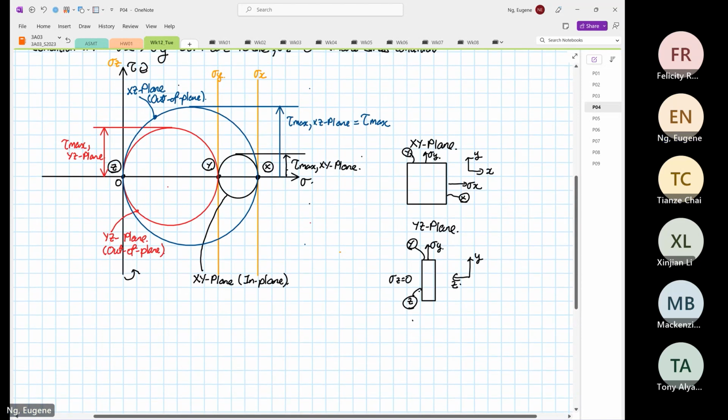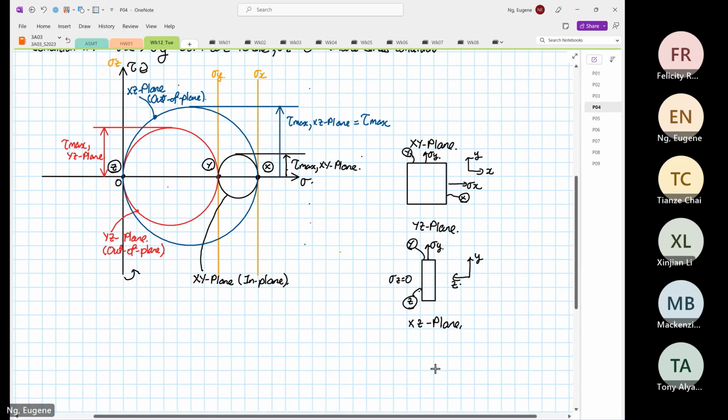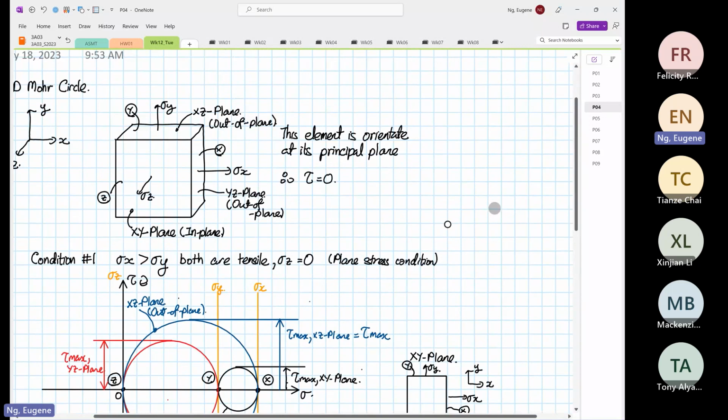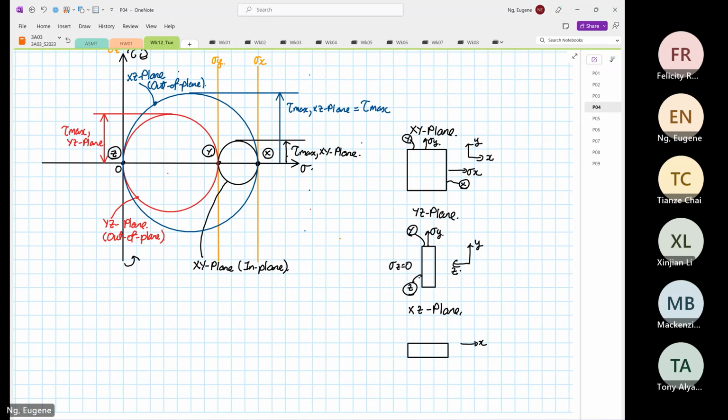And then the last plane that we have is our XZ plane. So on XZ plane, I'm going to draw it this way now. So this is our X, and this is our Z, and we have our stress X, and stress Z is equal to 0.